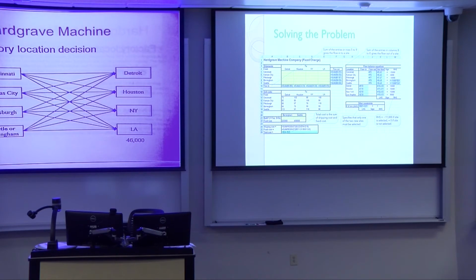So what is your objective? Your objective is to minimize two costs. First calculate the shipping cost. Since we have all this unit shipping cost, you can use the SUMPRODUCT function of this table and this table. This is the total shipping cost.